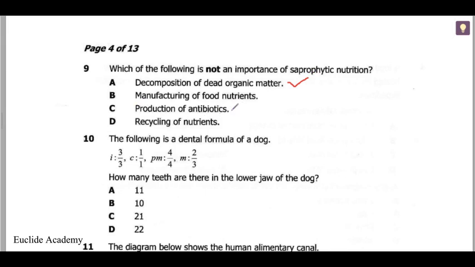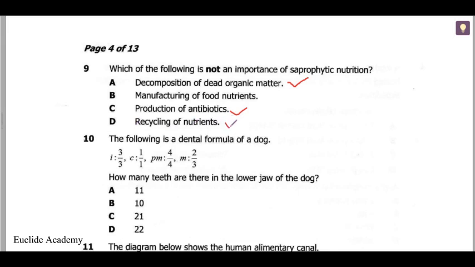Then production of antibiotics. Yes, we do use saprophytic nutrition to digest probably bacteria and the other ones. They are using antibiotics. I don't really want to say exactly, not much concerning that.